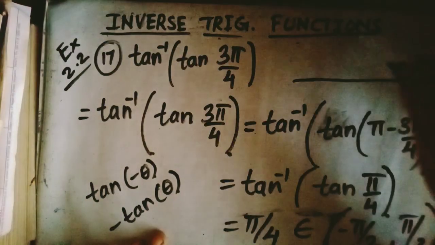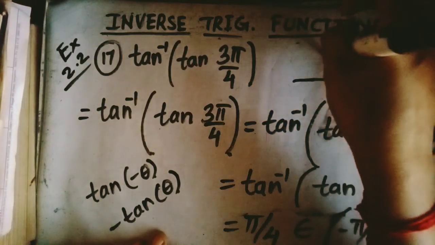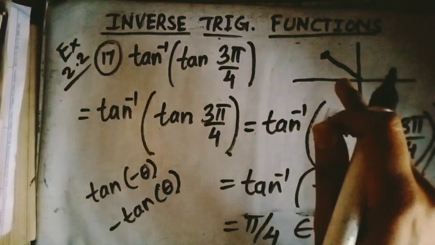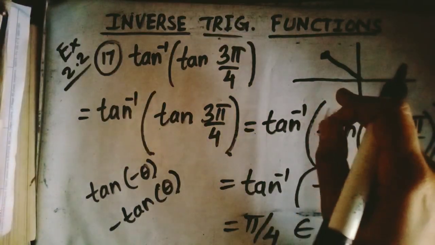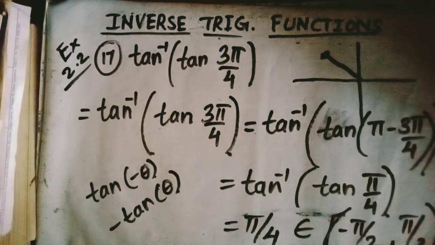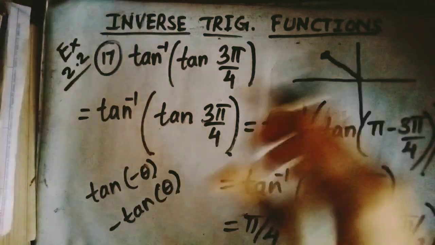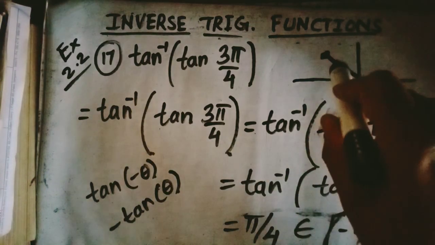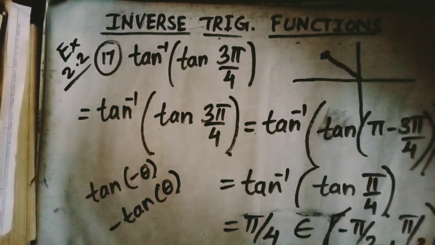Because it falls in the second quadrant. In the second quadrant, tan is negative, sine is positive. That's why we had taken sine of 2 pi by 3 as a positive value, but in this case it is in the second quadrant, so it is a negative value.